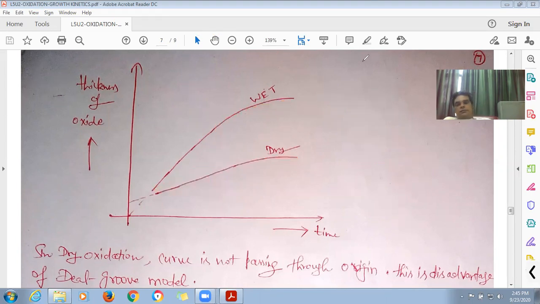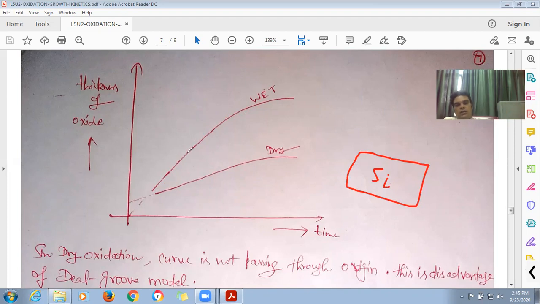Now suppose that we started with a silicon substrate and we examined it very closely and there is no oxide layer present here. So at time t equal to 0, the thickness of the oxide layer should be 0.